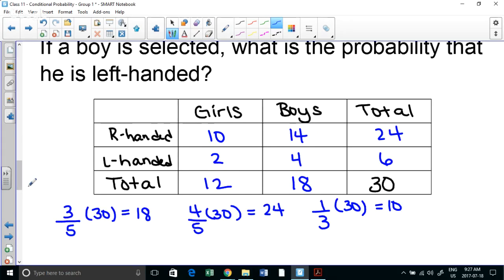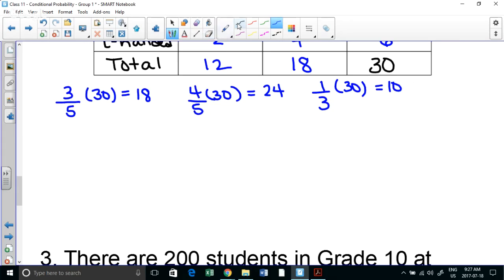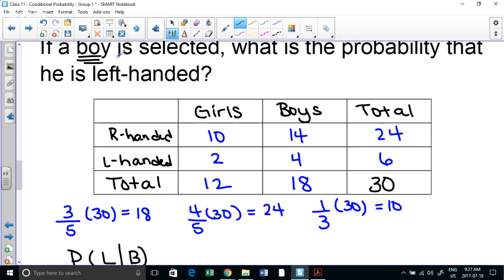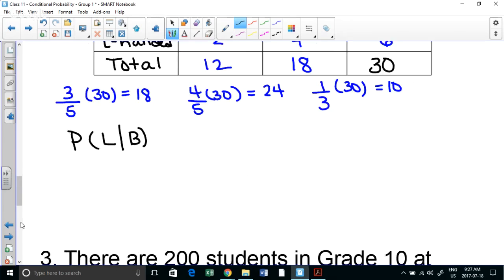If a boy is selected, what is the probability that he is left-handed? So probability of being left-handed given that you're a boy. Because it's telling you that it's a boy that's selected. So that is what is given to you. We know that it's a boy. What do we want to know? The probability of left-handed in that case.